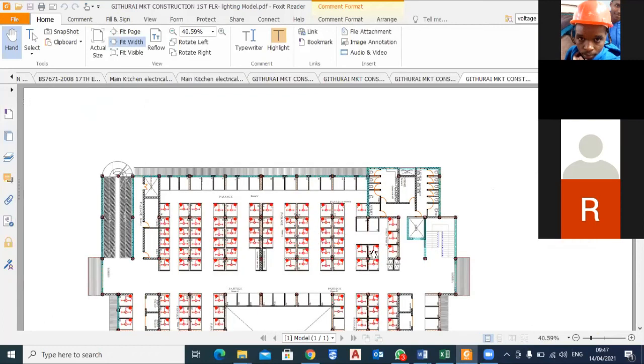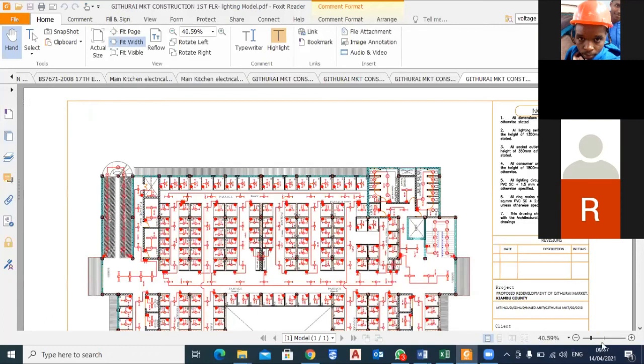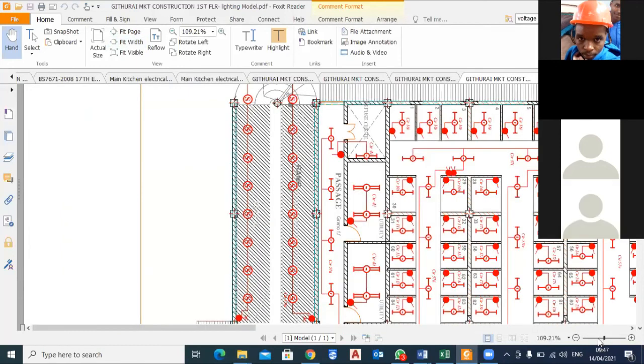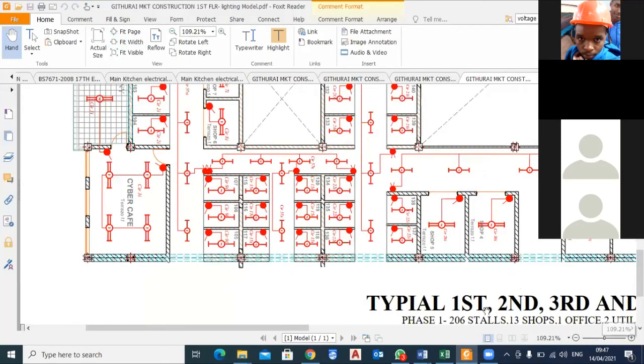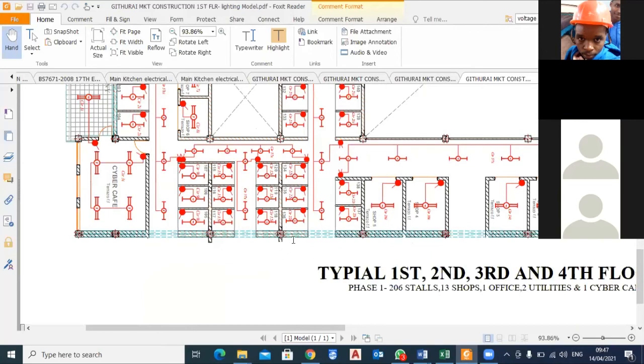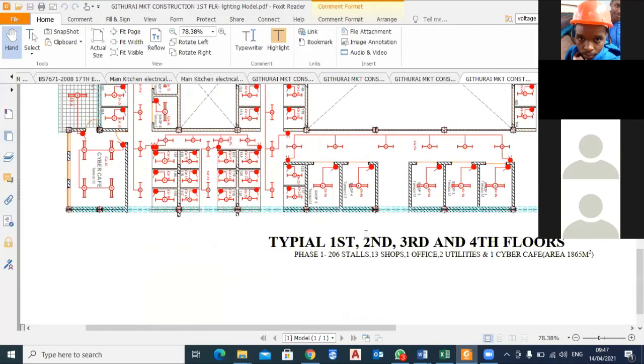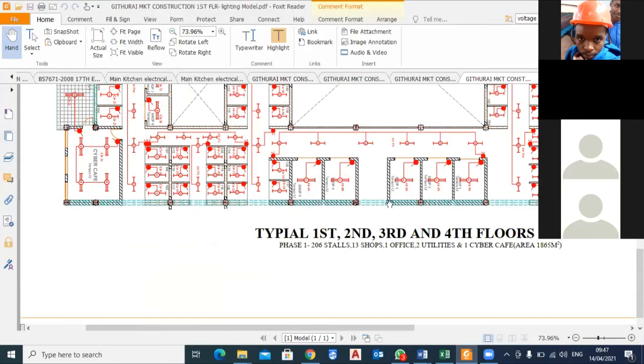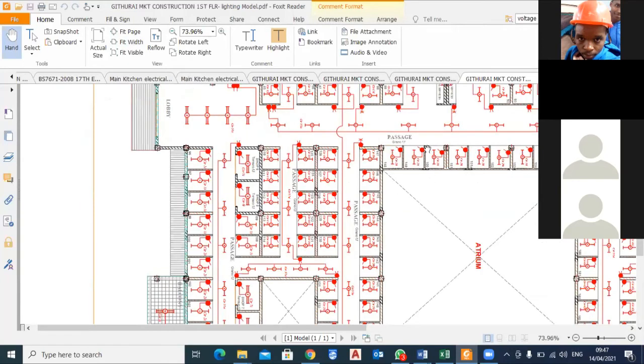Are you able to see that? Yes. This is a typical first, second, third, and 4th floors. Stalls to make one stalls to stall.